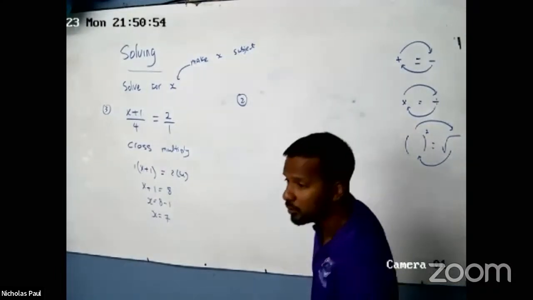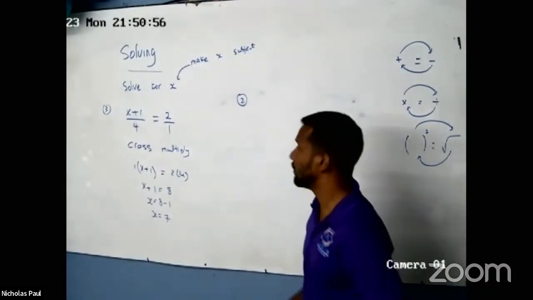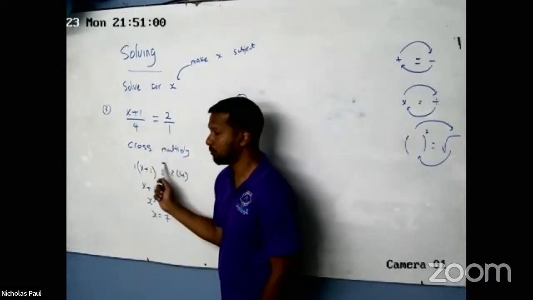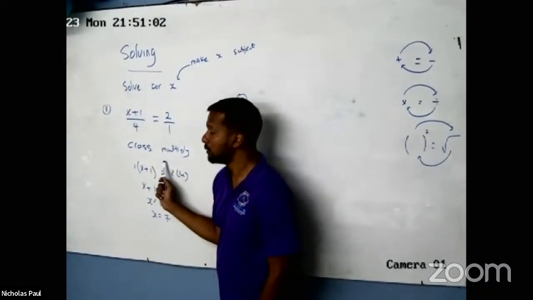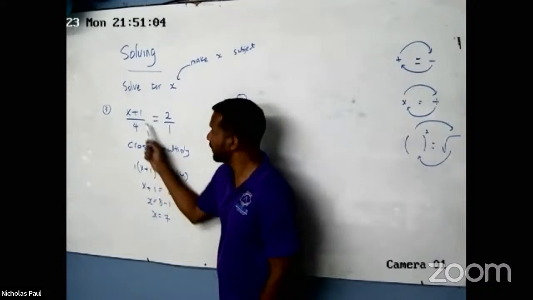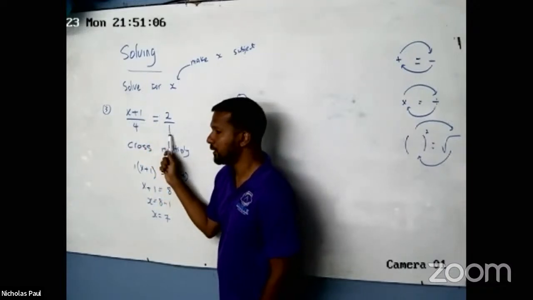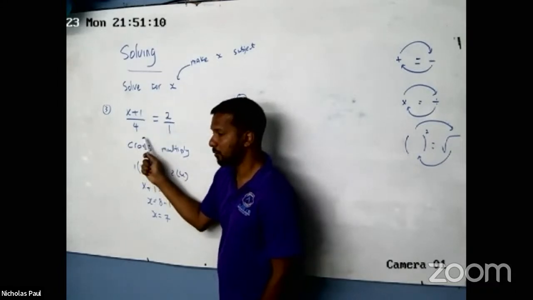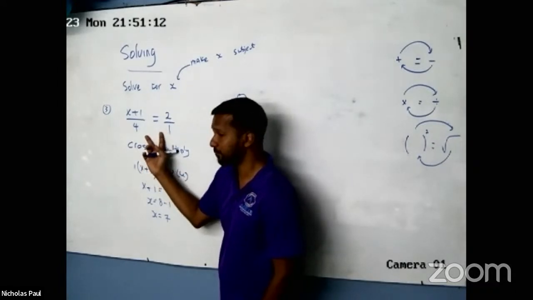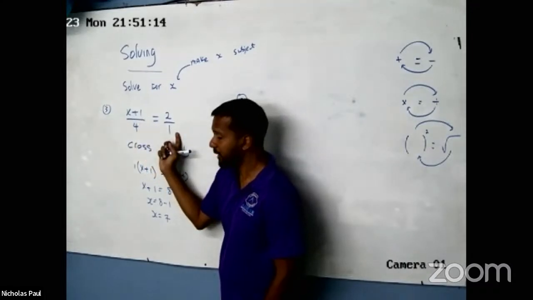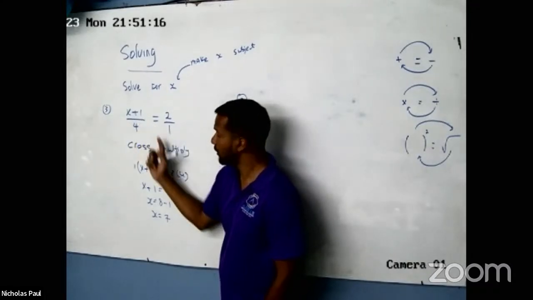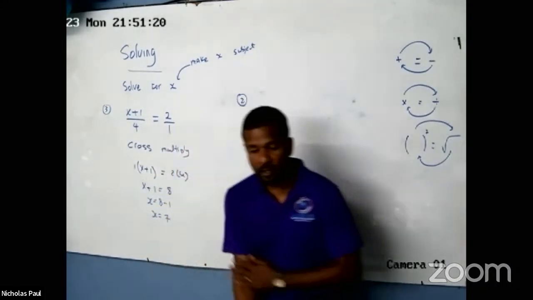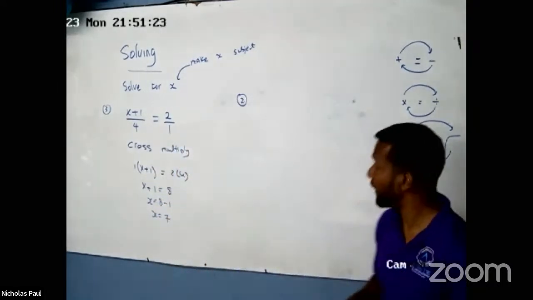So what's the rule? What's the rule, Kanisha? What's the rule? To cross multiply. Two fractions separated by an equal sign, cross multiply. Right? These are two fractions, right? One here and one here, separated by an equal sign, so cross multiply. So write that here in words.